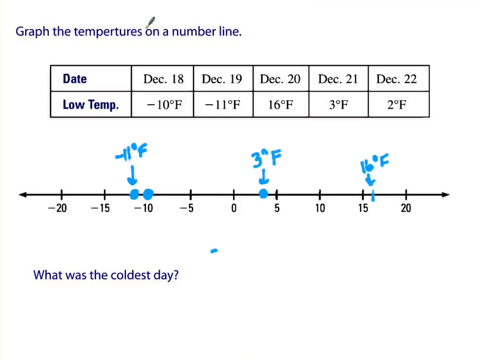And lastly, 2 degrees, which is going to be just right about here. 2 degrees Fahrenheit. Now I asked which day was the coldest, so we're going to look at the farthest one to the left, and that's going to be right here. That's our coldest. And the coldest happened on the day that there was negative 11 degrees, so that would be December 19th.